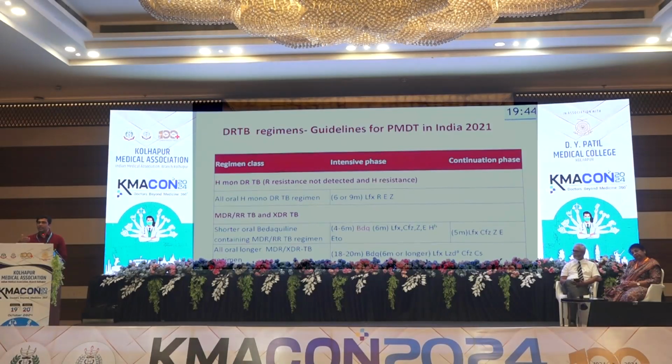After NAT, the next step to identify the resistance pattern to the remaining first line and second line drugs is a rapid molecular diagnostic test called LPA, line probe assay, which is offered at the Intermediate Reference Laboratory, Pune. The samples of patients diagnosed at NAT are sent to the IRL, and the resistance pattern for first line and second line drugs is identified. Depending upon that, we can start the patient on this particular MDR regimen.